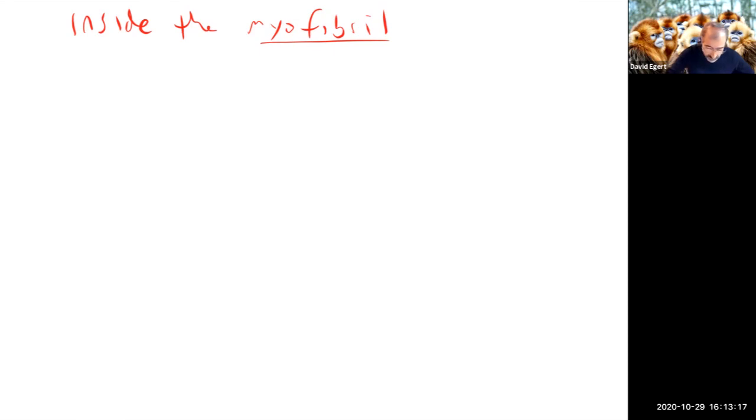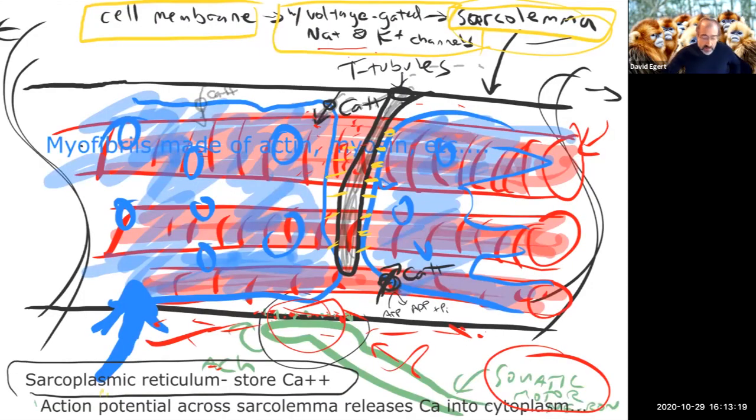And actually, while we're here, I should mention, when your muscles need to get stronger, you don't get more muscle cells in the overall muscle. Instead, the individual muscle cells fatten up by adding more and more of these myofibrils.